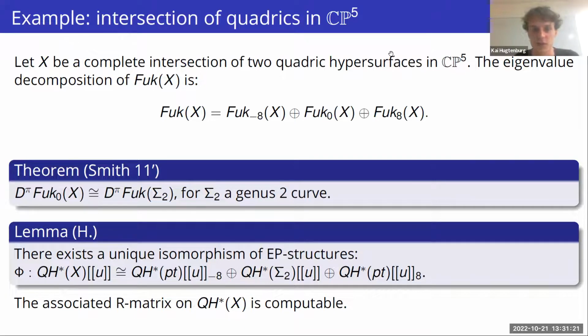And I see there's a question in the chat. Can I say why the -8 part is given by a point? No, I don't have any argument for it, but if you follow through Ivan Smith's proof, what you would expect is that these summands are split generated by a Lagrangian torus, and then it's actually going to be a Clifford algebra.